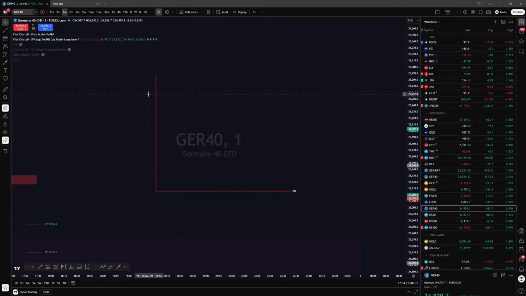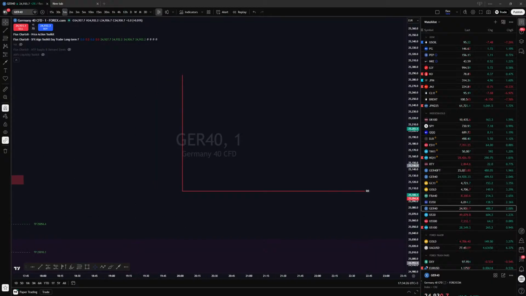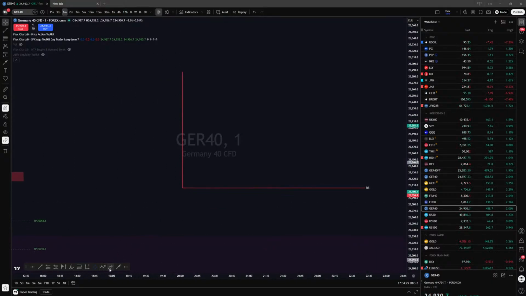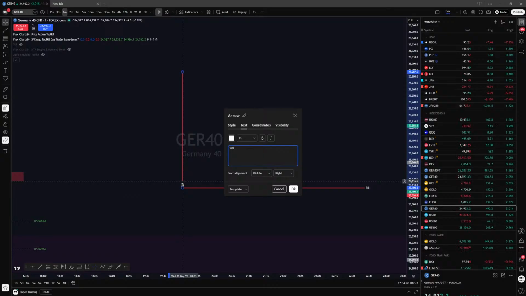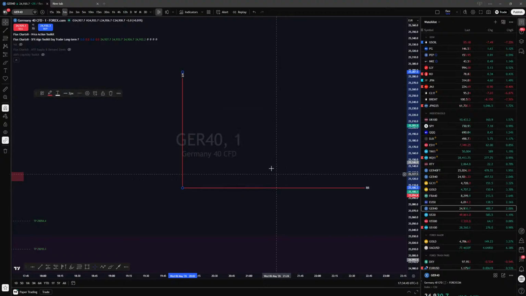The higher the win rate, the better risk reward you need, right?